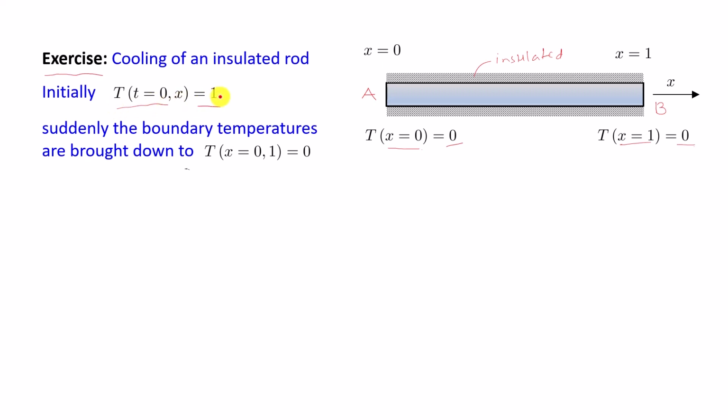So the problem is that if I have an insulated rod that can only transfer heat from two sides, I cool the rod by suddenly subjecting both ends to temperature 0 when the initial temperature is 1. What will happen to this rod temperature?